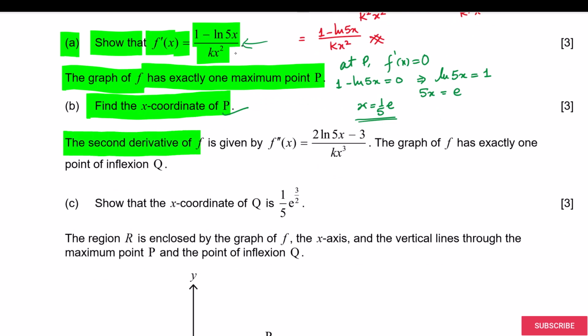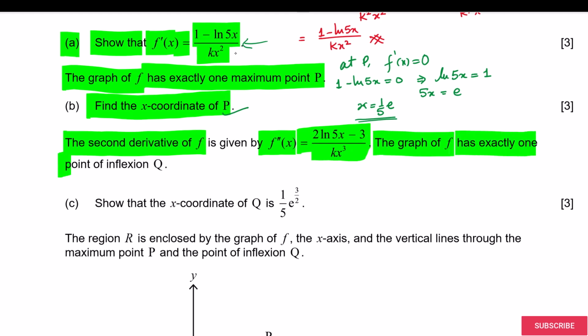The second derivative of f is given by f double dash x is 2 ln 5x minus 3 over kx cubed. The graph of f has exactly one point of inflection. Likewise, in the first part, they have given exactly one maximum point. So we have seen for the maximum point, the first condition is that f prime x was 0.